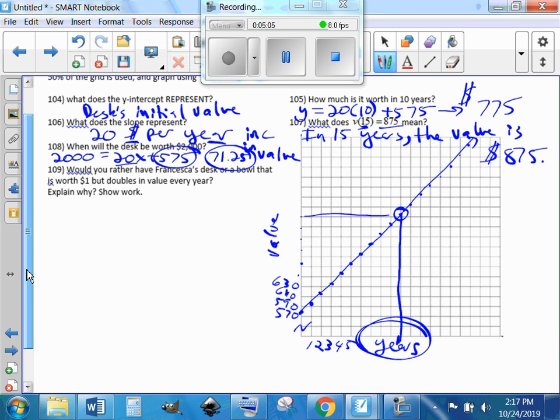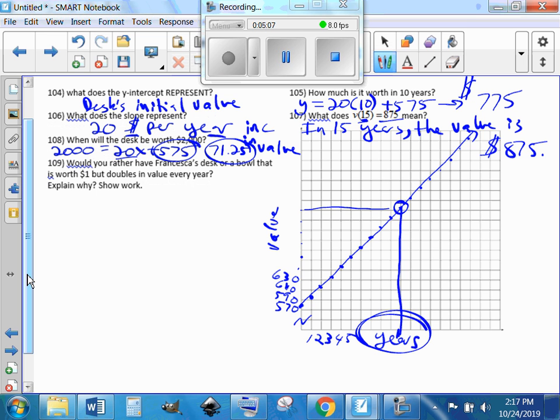Okay, and this last problem here, 109. Would you rather have Francesca's desk or a bowl that is worth $1 but doubles in value every year? Explain why, show work. So to understand what's better, we need to see how this $1 changes over the years. So I'm just going to make a little table and say in 0 years, that bowl is worth $1.